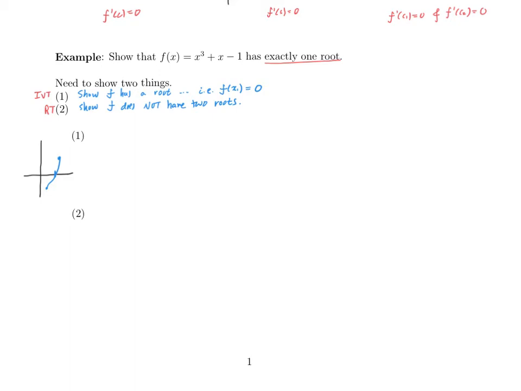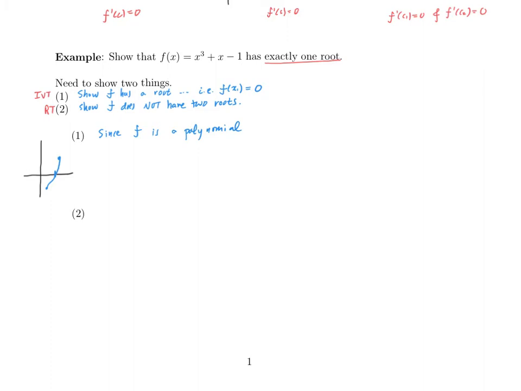And recall the key hypothesis that we need to use the intermediate value theorem is a continuous function. Okay, so let's go ahead and note that. Since f is a polynomial, what we know is it is continuous everywhere.